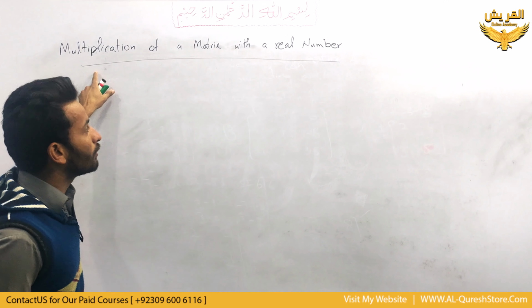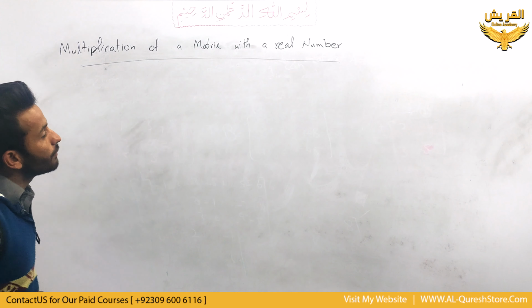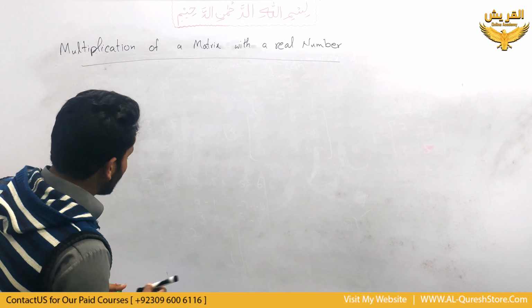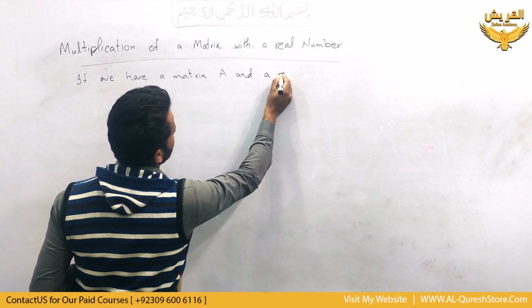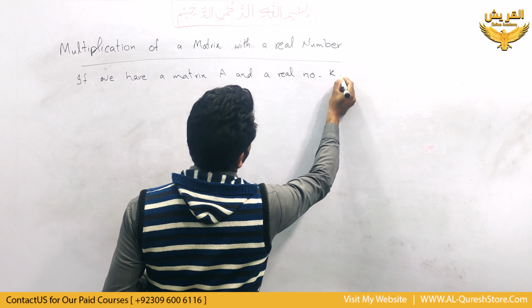Today we study the multiplication of a matrix with a scalar number, a real number, by multiplying a vector with a real number. What can we get? If we have a matrix A and a real number which is scalar k, we can multiply them.